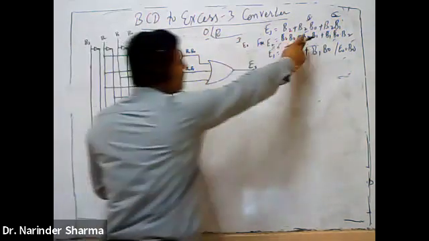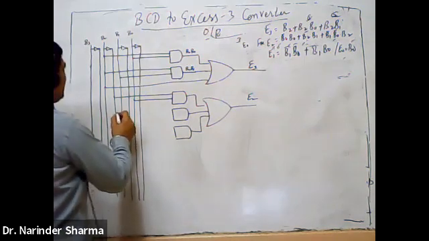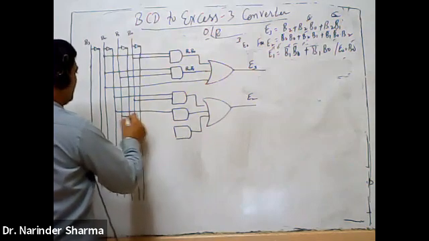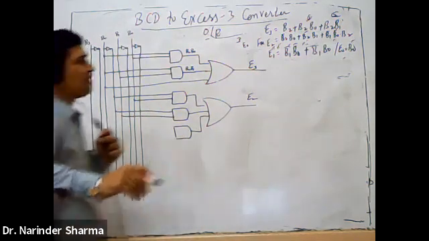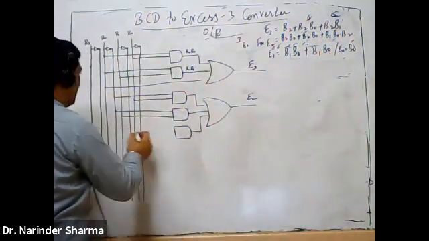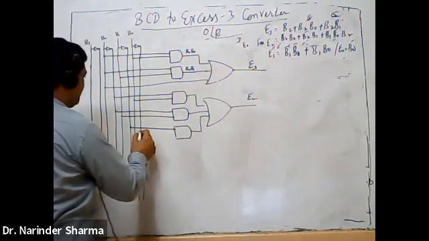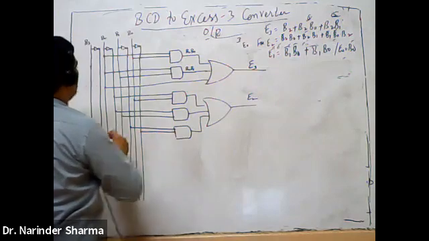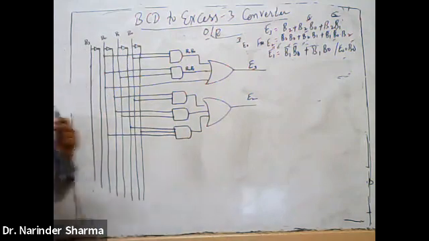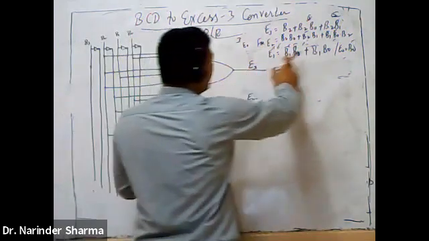Next expression is B2 bar B1. This would be your B2 bar. This would be your B1. Next expression is B1 bar B0 bar B2. B1 bar, B0 bar, then there is a B2. This is E2.